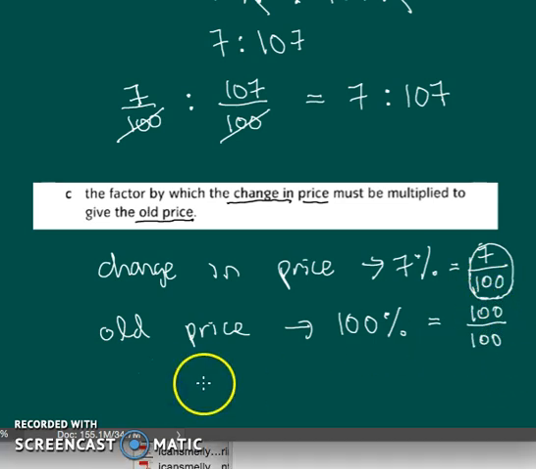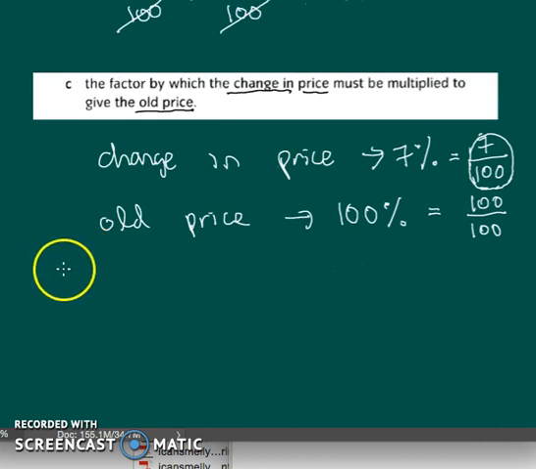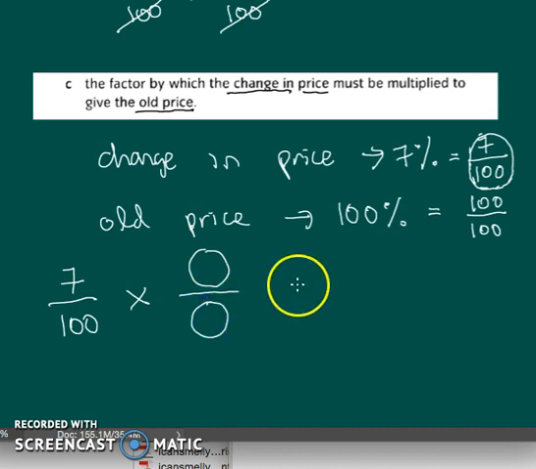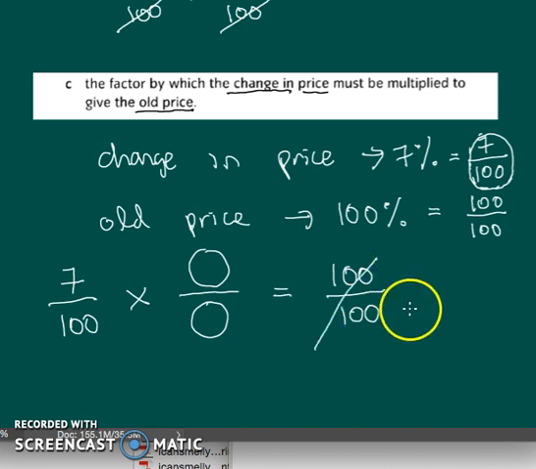So the way we can think about this is, if we have 7 over 100, what do we have to multiply it by in order to get back to 100 over 100? Well, what is 100 over 100? It's equal to 1.